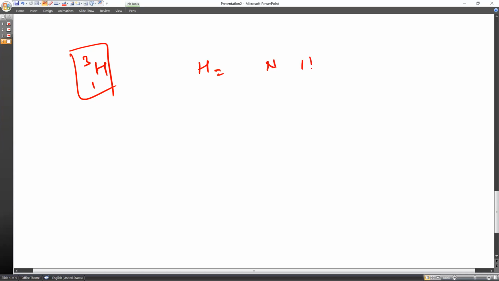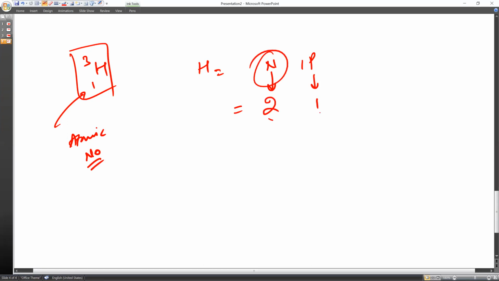Is it proton or neutron? Number of protons, yes. The number of proton is 1 because atomic number is represented by this one, and number of neutron is 2.